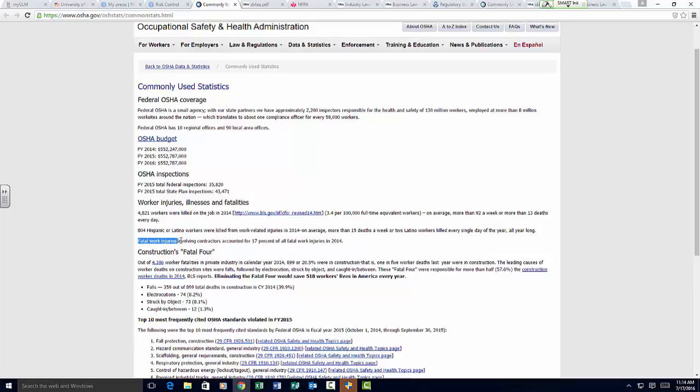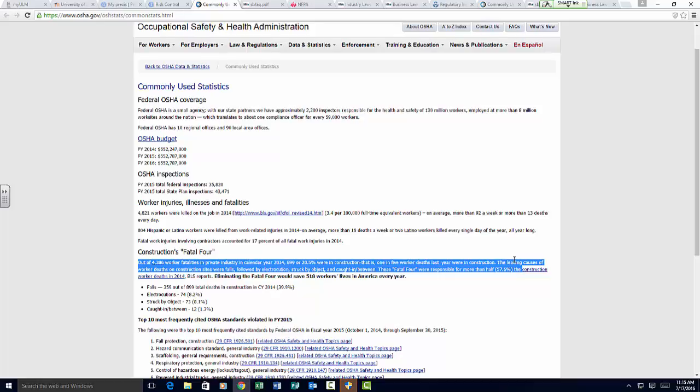Notice first that fatal injuries involving contractors accounted for 17% of all fatal work injuries in 2014. And then they talk about construction's fatal 4. Out of 4,386 worker fatalities in calendar year 2014, 899, or 20.5%, 1 in 5, were in construction.